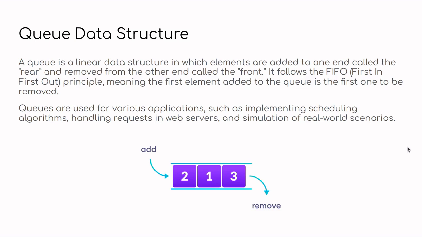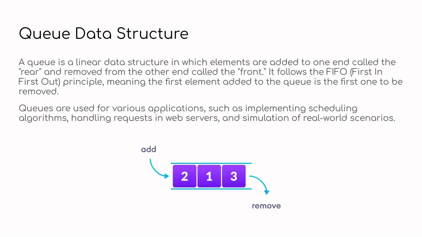Queue data structures. Queue data structures follow the principle of FIFO, first in, first out. The end from which elements are added is called the rear, and the end from which items are removed is called the front. The best example of a queue is a bank queue.